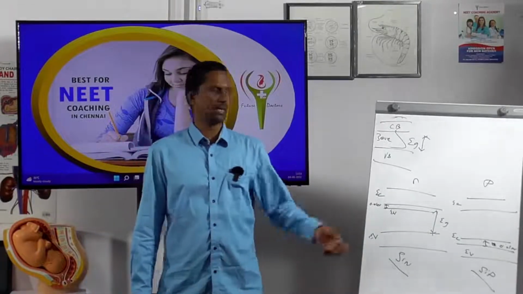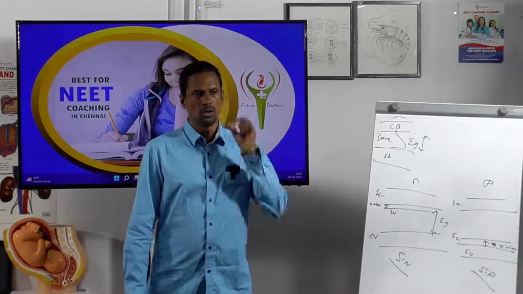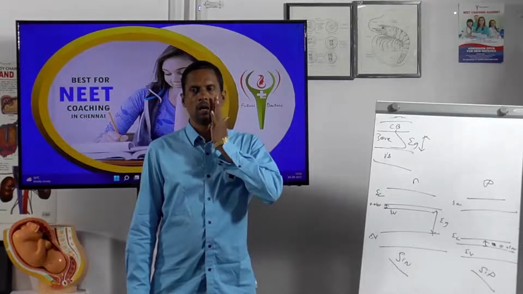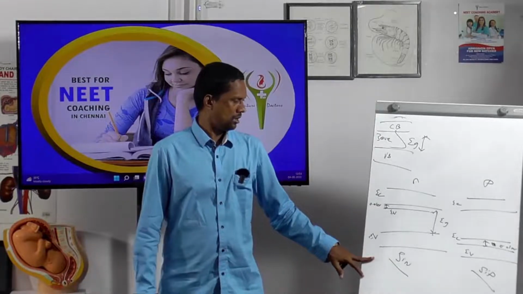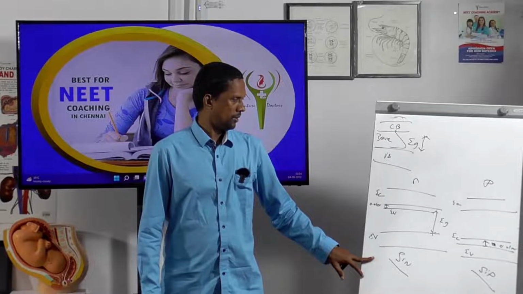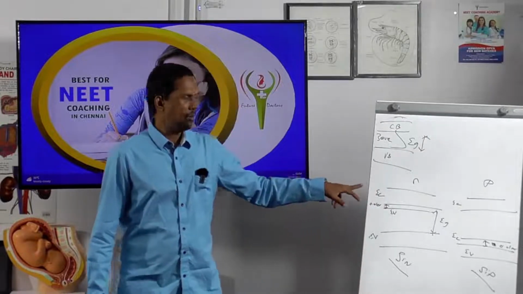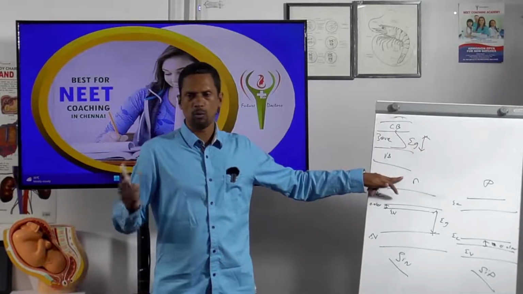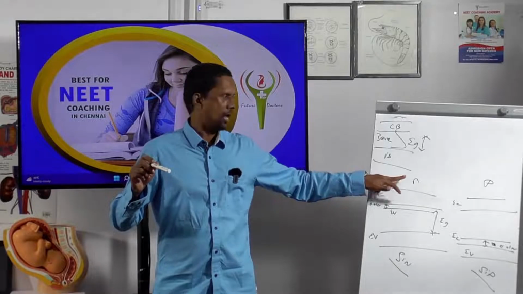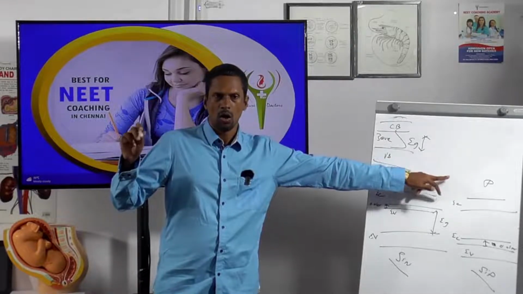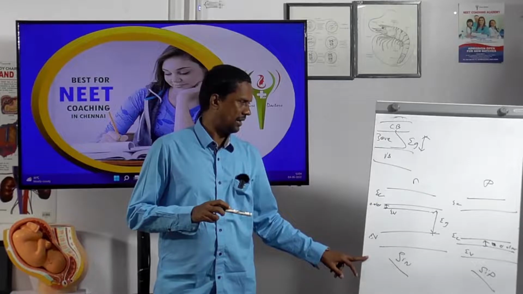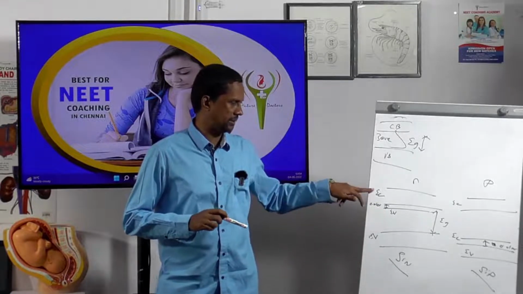So now the two types of semiconductor we got: one is n-type, another is p-type. Now in n-type what will have the excess? Electrons. P-type, what will have the excess? Holes. So what is the energy gap between the valence band and conduction band in n-type?